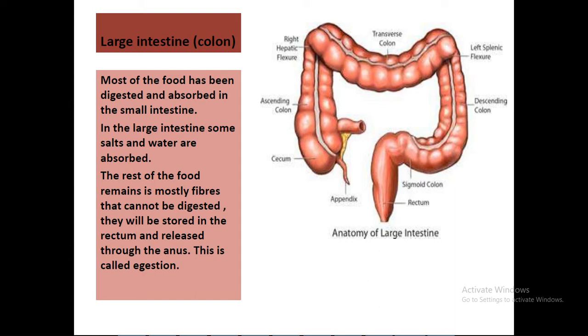The rest of the food remains is mostly fibrous and undigested, which cannot be digested. They will be stored in the rectum and released through the anus. This is called egestion or excretion.